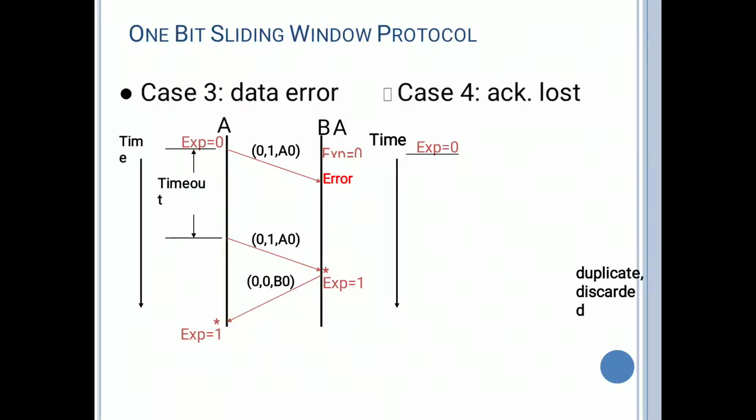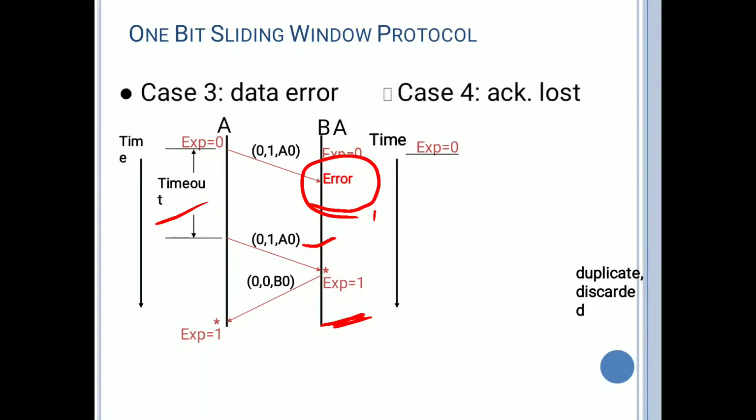If the error is detected at the receiver side, it simply will not send any acknowledgement to A. Once the timer times out, A retransmits the same data again to B. Now B receives the data and starts sending the next frame. Clear? If a data error occurs, the case is like this.